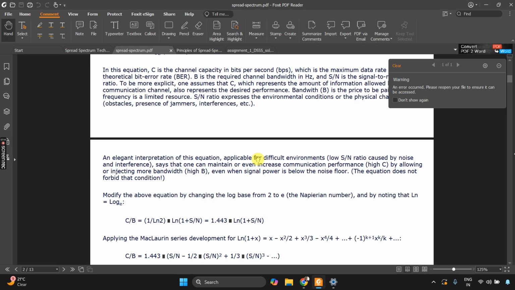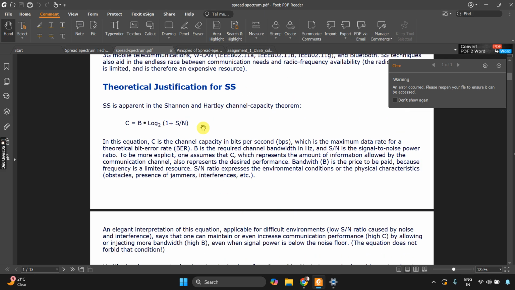If there is a difficult environment where there is a low S by N, even then we can have high channel capacity by using high bandwidth. Even at low SNR, the channel capacity theorem tells us that if we use high enough bandwidth, we can have a high capacity channel.